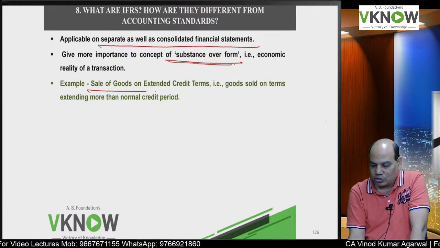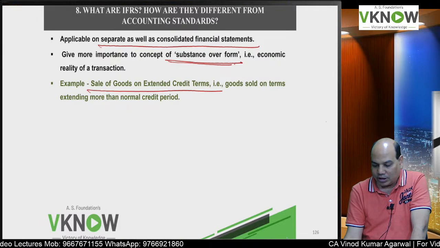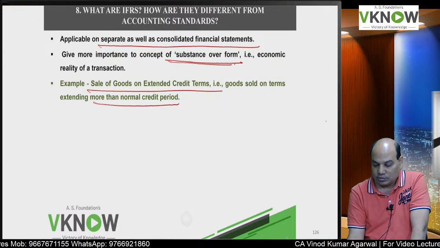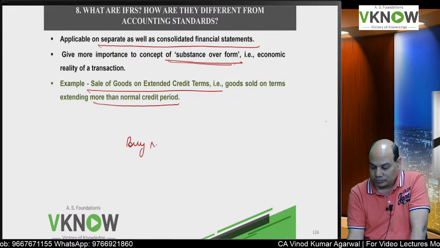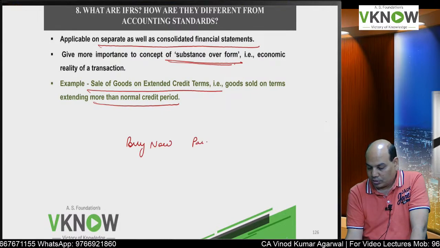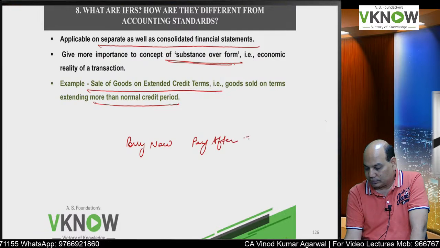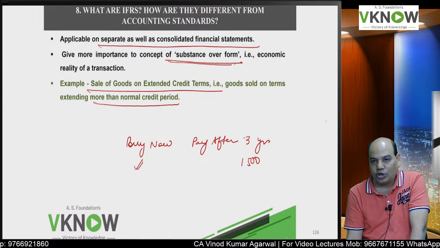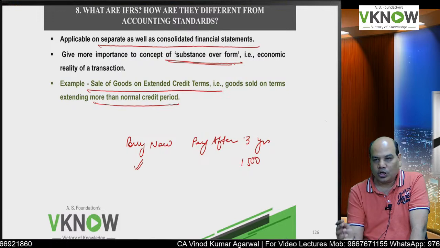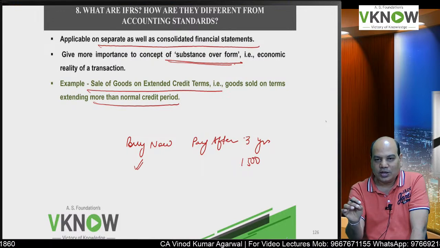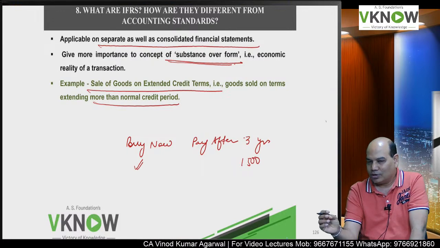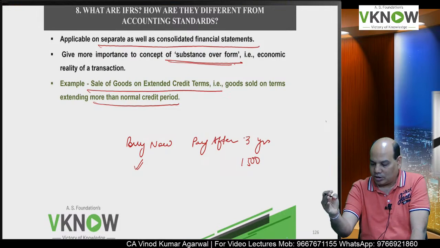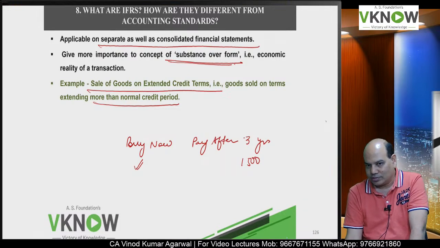Like for example, goods are sold on extended credit terms, meaning more than the normal credit period. Buy now, pay after 3 years, 1500 rupees. What is the entry you will pass now? If you are a student of 12th standard, foundation, intermediate, you will simply say debtor account debit to sales account 1500.